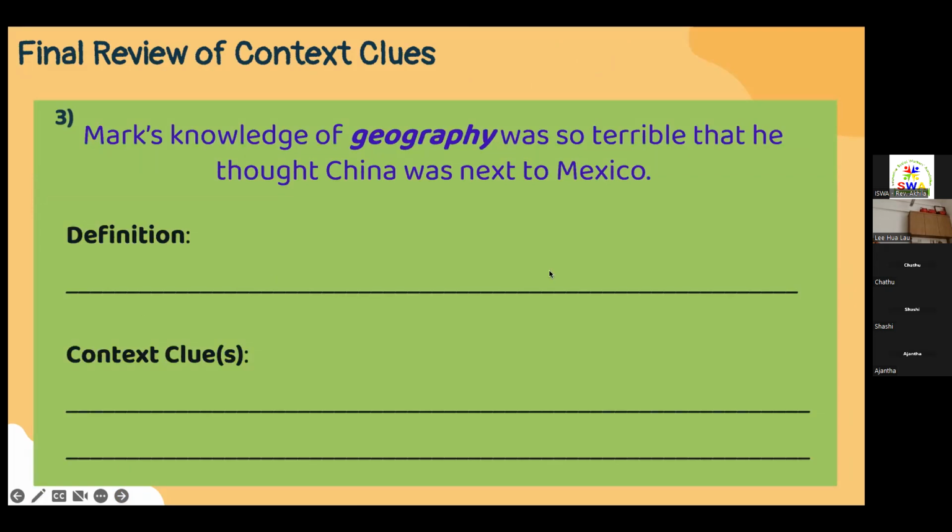Mark's knowledge of geography was so terrible that he thought China was next to Mexico. Definition of geography. Anybody want to give it a go?